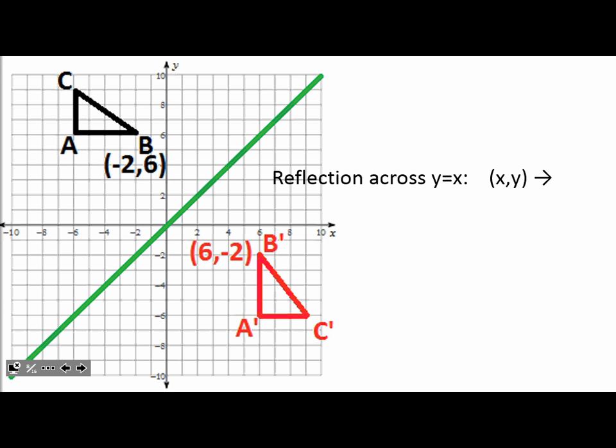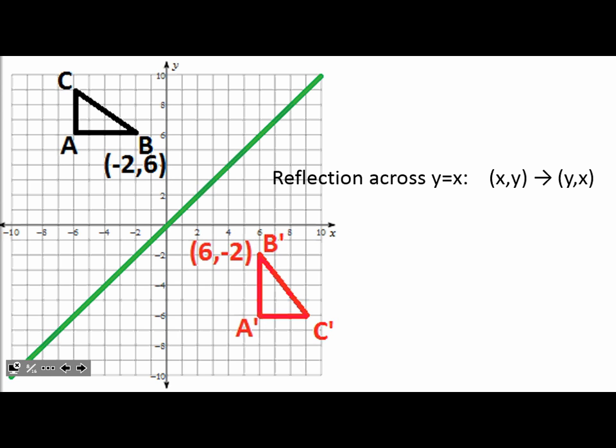Reflection across y equals x, xy becomes... not negative y, negative x, yx. Because we're not switching signs, so that's why not negative. They just swap. So xy becomes yx. Swap. Okay.